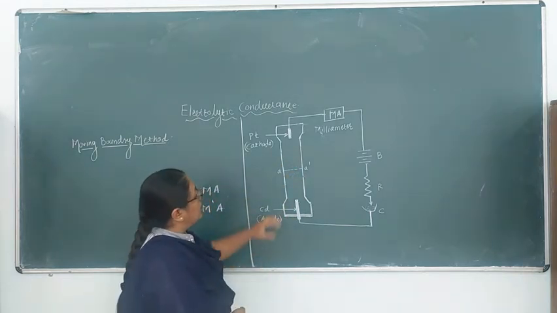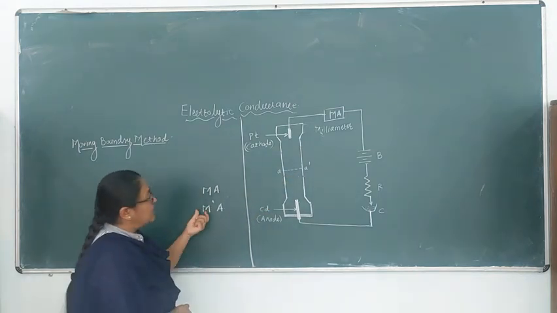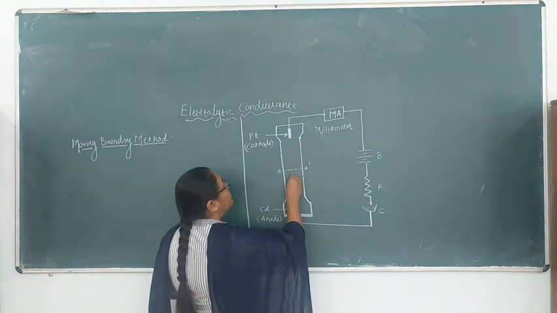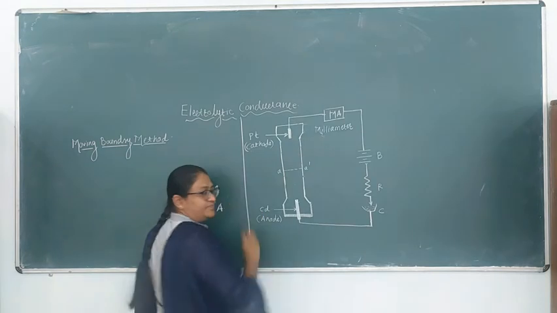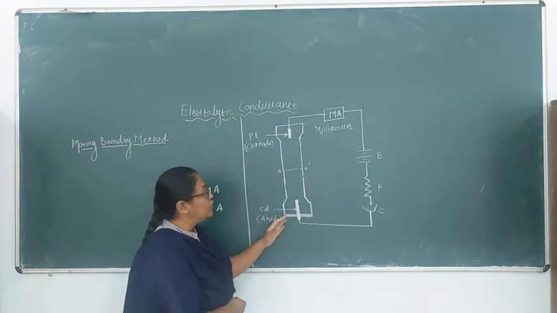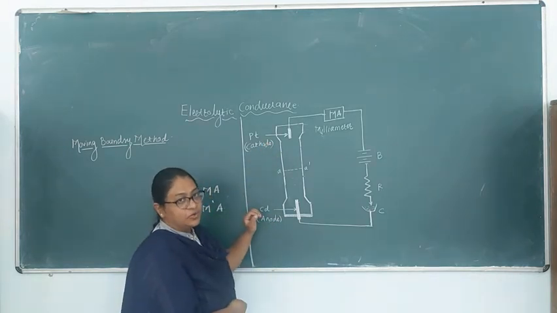Now, the solution here, which consists of say M dash A, the cations present here will migrate towards the cathode. We know that the anode is a positive electrode and the cathode is a negative electrode.